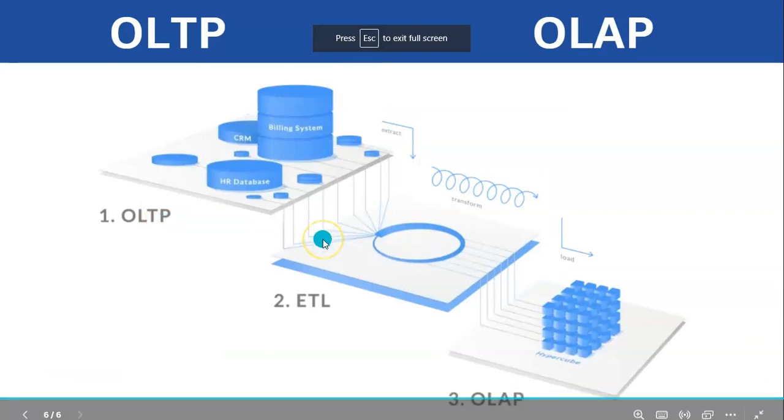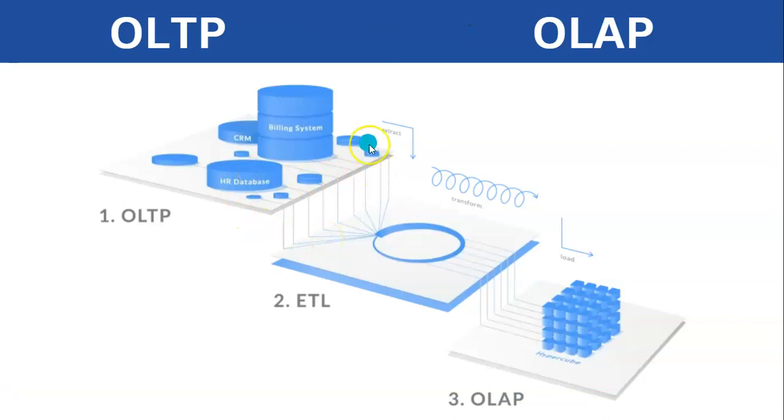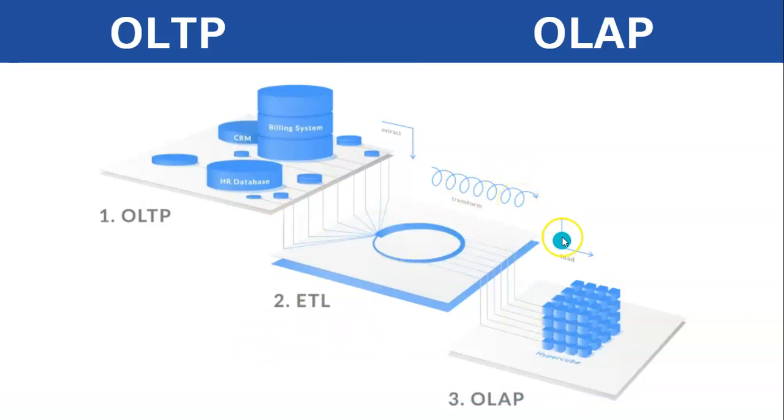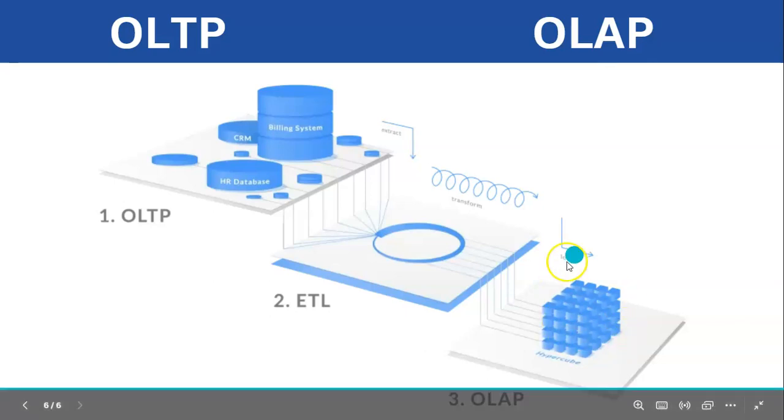Now coming ahead, you can see that from multiple OLTP transactional databases, data is extracted and transformed at the ETL step, right? The transformation is done. Now whenever we are loading the data, it is loaded into OLAP. OLAP is online analytical processing. Why is it called that? Online analytical processing is also termed cube processing.